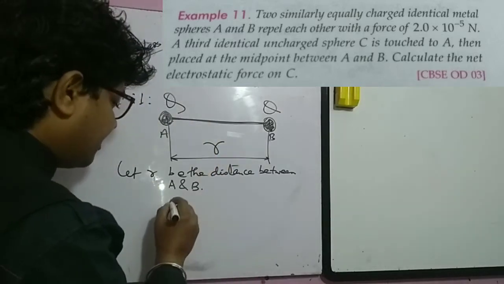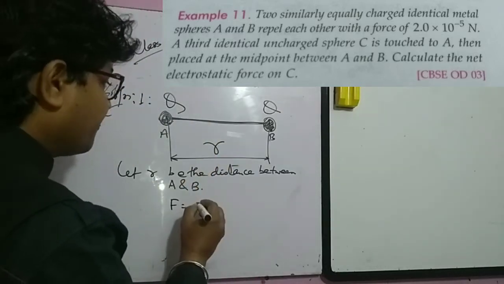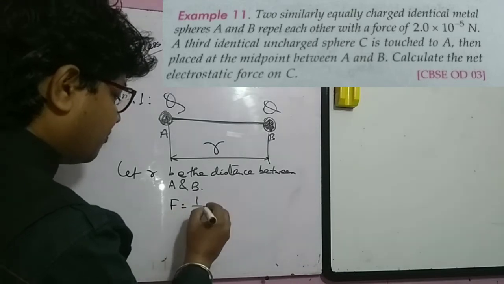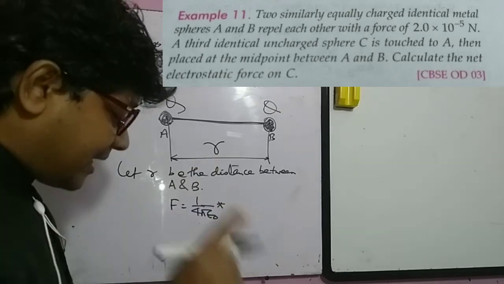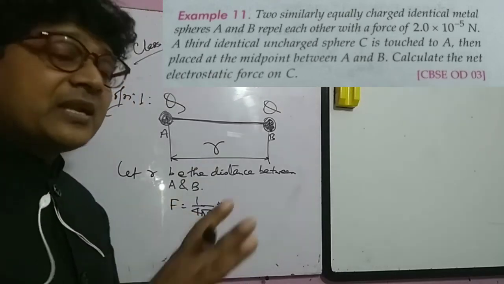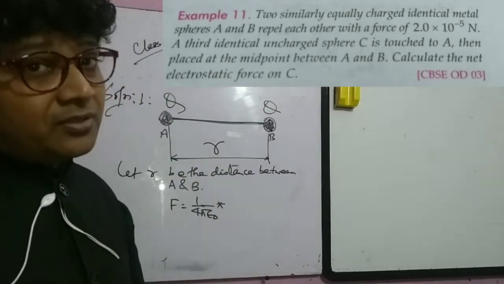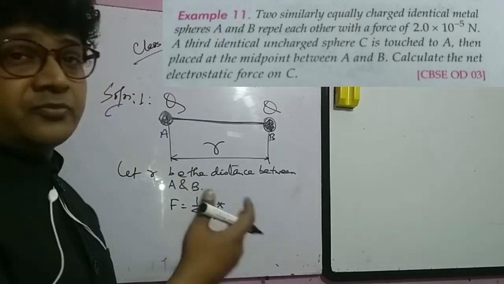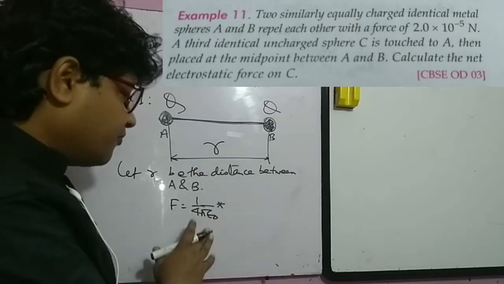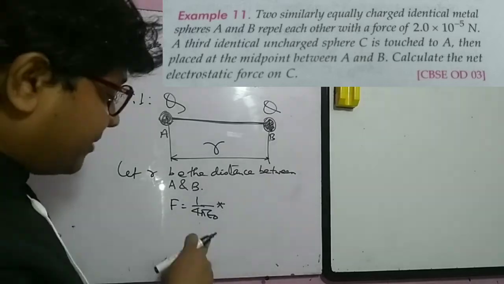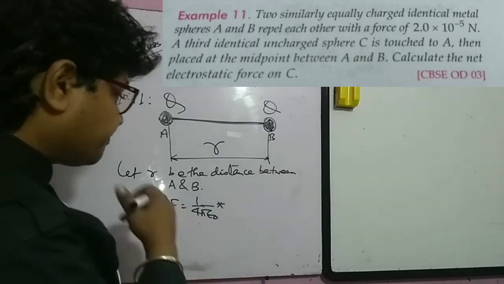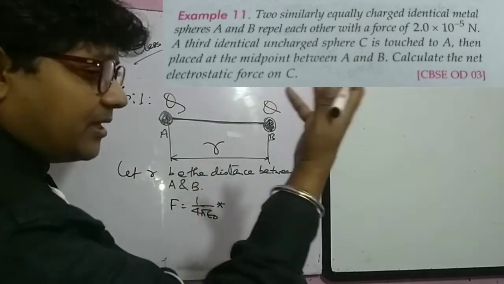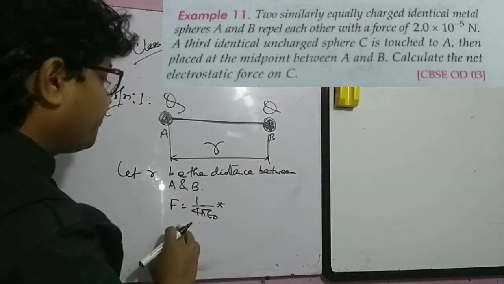So what we can write, F will be equal to 1 upon 4 pi epsilon naught, and we are not provided any information about the medium, so we can take air as the medium.